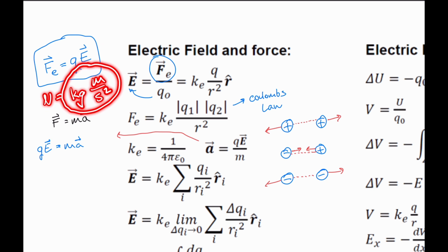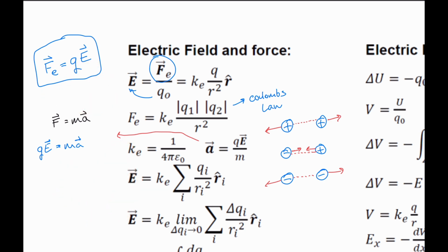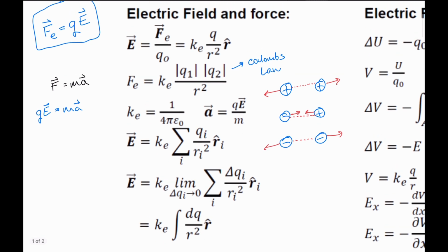And if we have newtons per kilogram, we can replace this newtons with kilogram meter per second squared over kilogram. These kilograms cancel and you get back meters per second squared, which is the unit for acceleration. So I hope that makes sense. I'm not going to spend too much time talking about that, but I'll leave the equation there. Now, that is pretty much the completion of the equations.